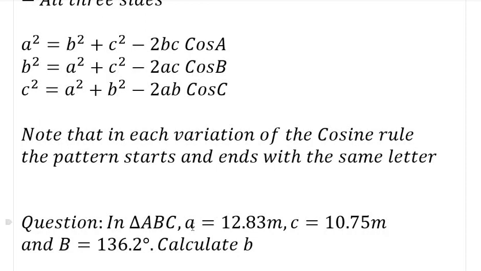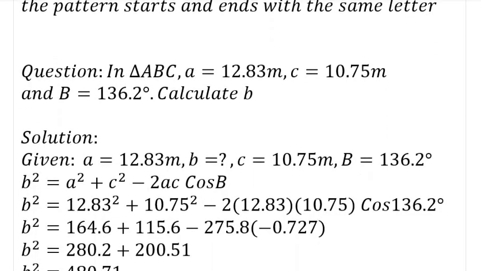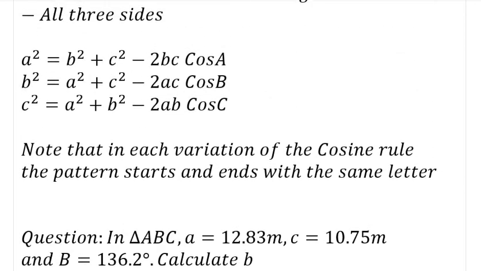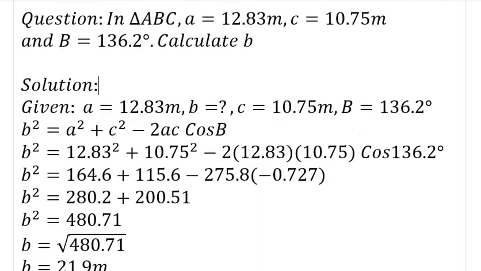We are given two sides, side A and also side C, and the included angle, angle B. So we have to look for side B. That means we have to apply the cosine rule. Whenever you are given two sides and the included angle in a triangle, you have to use this cosine rule that we are talking about. So let's look at the solution.